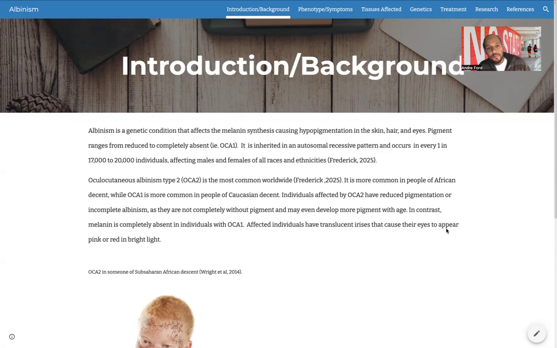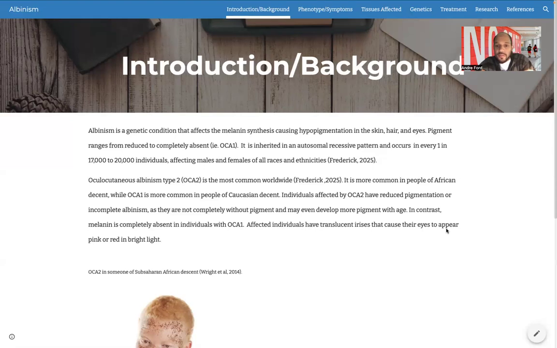So we start out with what is albinism? It's a genetic condition that affects the melanin synthesis and causes hypopigmentation or a lack of color in the skin, the eyes, and the hair. There are two main types that are commonly recognized.